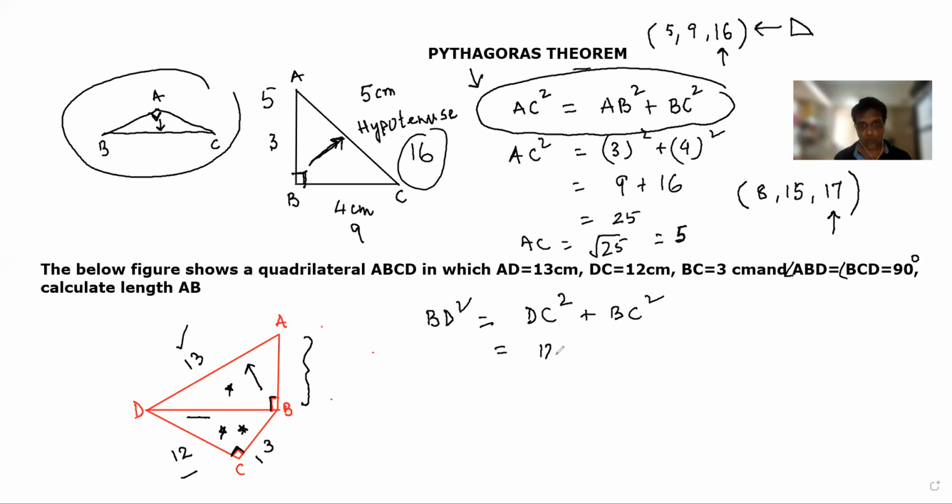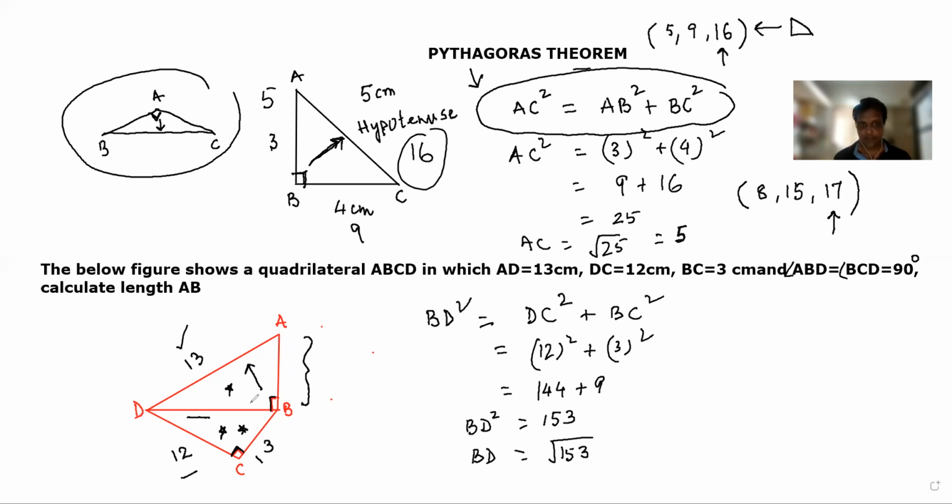It is 12 square, and BC square is 3 square, which is 144 plus 9, which is 153. So BD square is 153. So BD can be calculated by doing the square root of 153.